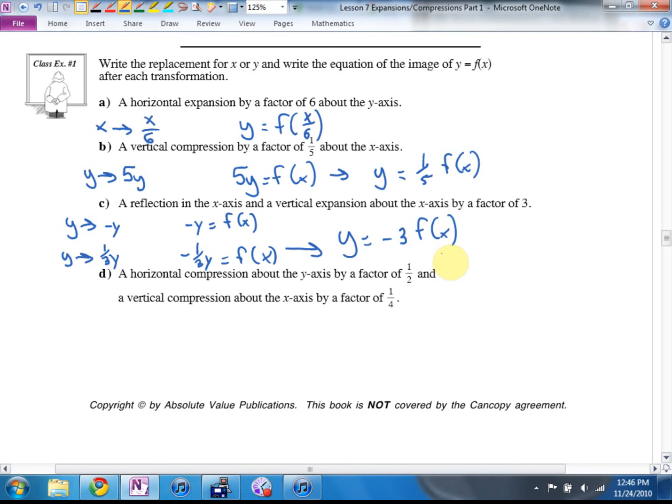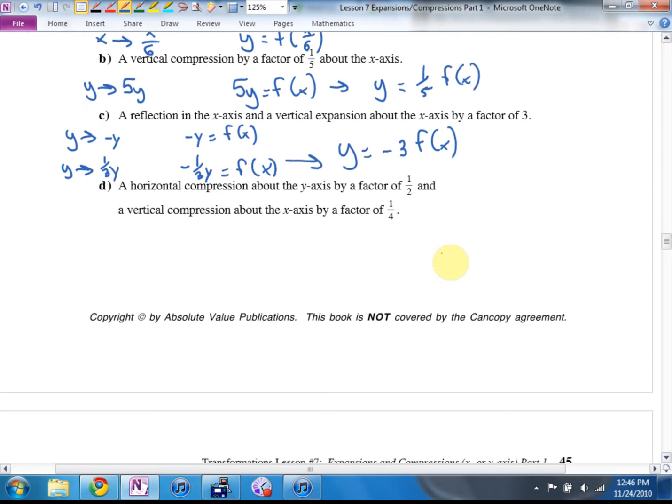D. Horizontal, x. Replace x with what? A half or 2? Which one? Replace x with 2x. And vertical, y. Replace y with what? 4y.